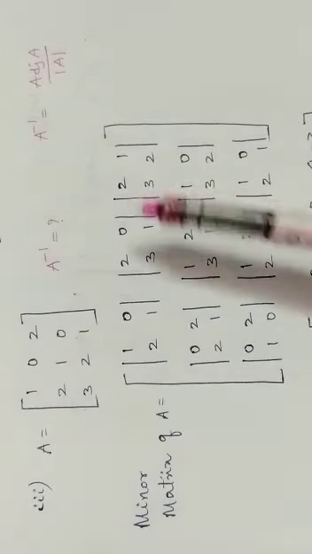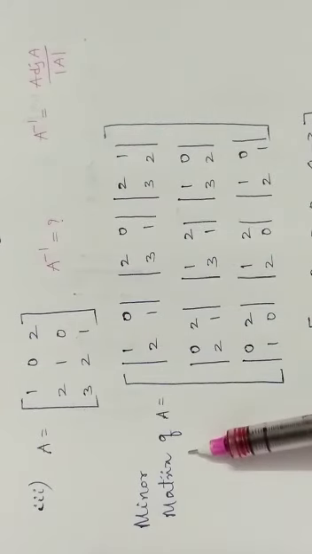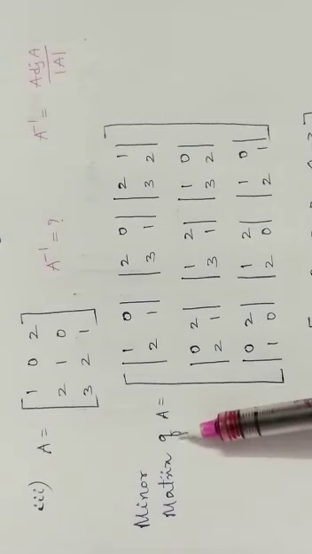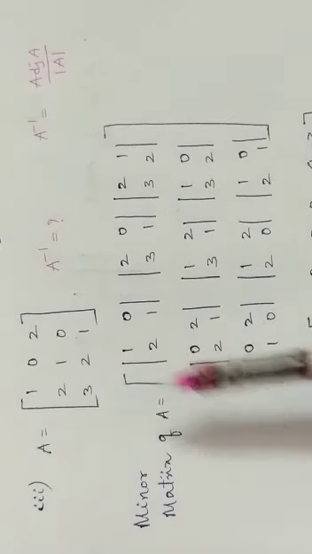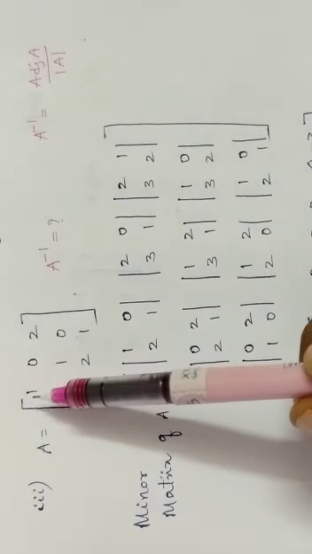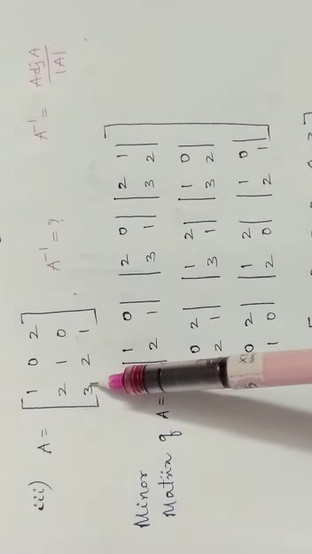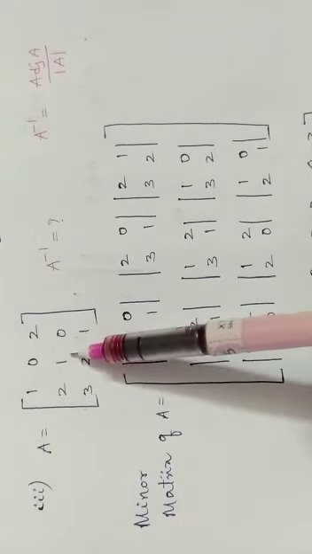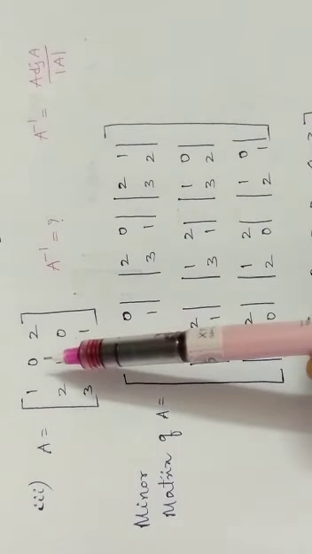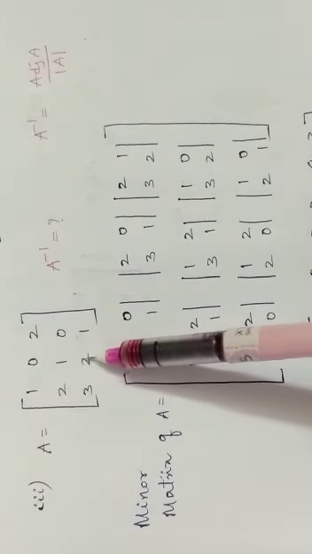To find adjoint, we have to start with the minor matrix. How to write the minor matrix of A? Minor of 1. Remove row and column. The 4 elements are 1, 0, 2, 1. Minor of 0. Remove row and column.